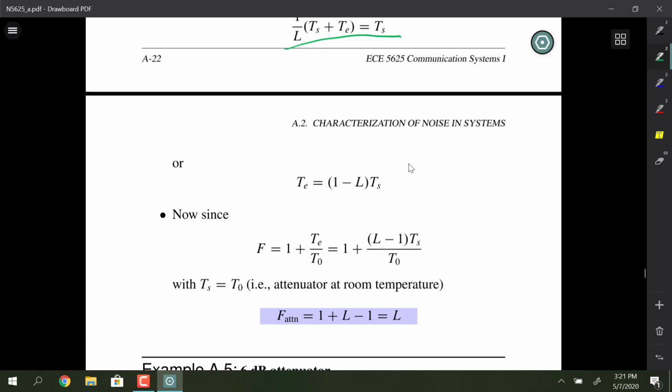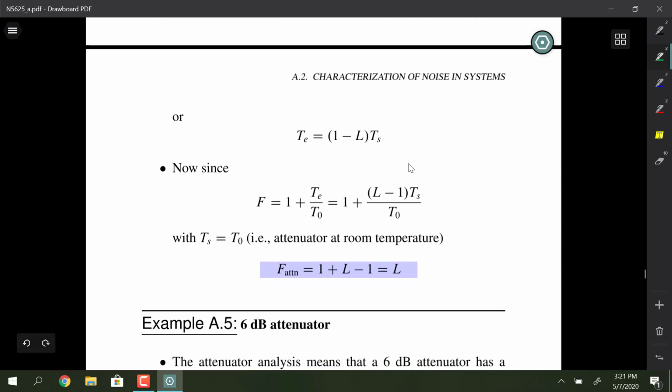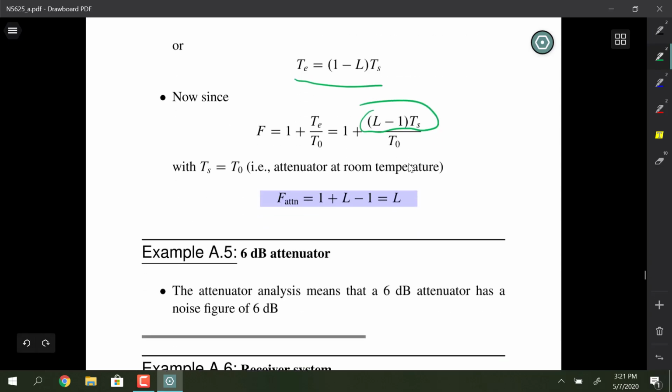And since we know noise figure is defined as 1 plus T_E over T_0, if we plug in this value for the noise temperature T_E, which is what I've done right here, just set that in the top, then for an attenuator at room temperature, the noise figure is identically the attenuation value.